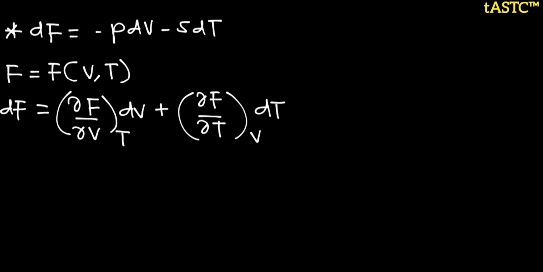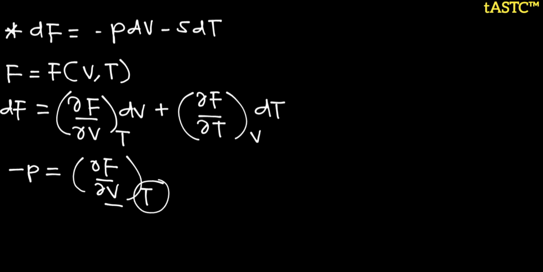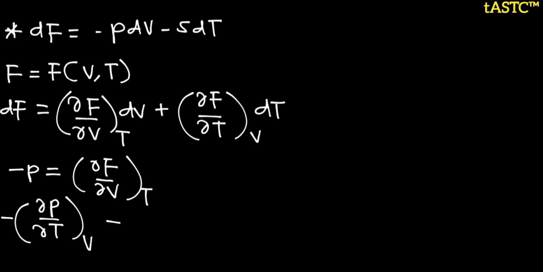So from here we can find that we got a negative p, and that is equal to the partial f with respect to v at constant T. So right now we need to differentiate both sides with respect to T, and we're going to keep the volume constant. So this will be minus partial p partial T, keeping V constant, and on this side we're going to have the same thing.